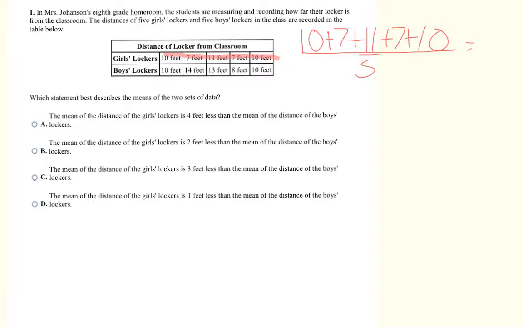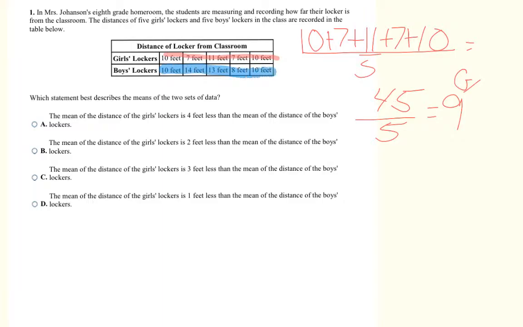The sum of 10 plus 7 plus 11 plus 7 plus 10 is going to be 45. Divided by 5 is 9. So the mean of the girls is 9. And then I do the same thing with the boys.